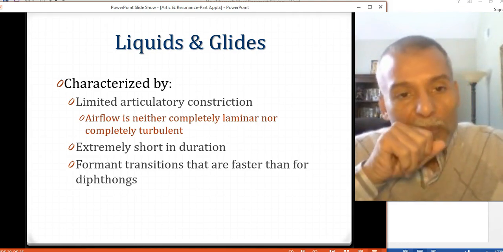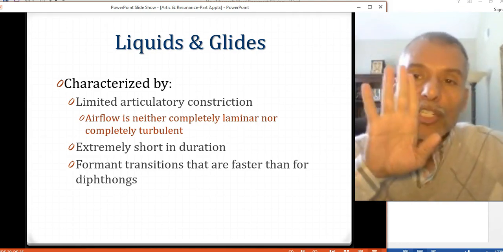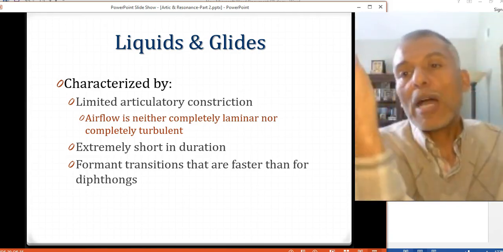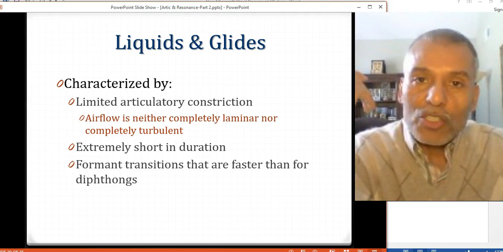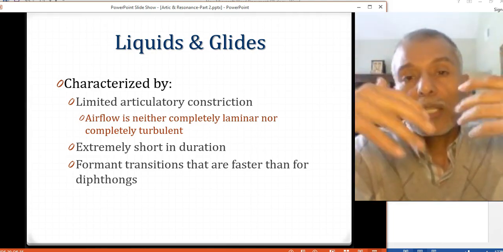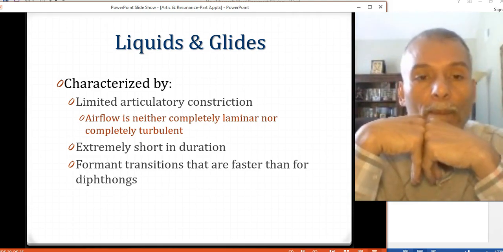The tongue position, standing up and obstructing the air, making it rerouted, weakens the energy and creates antiformants, just like the nasal sounds.